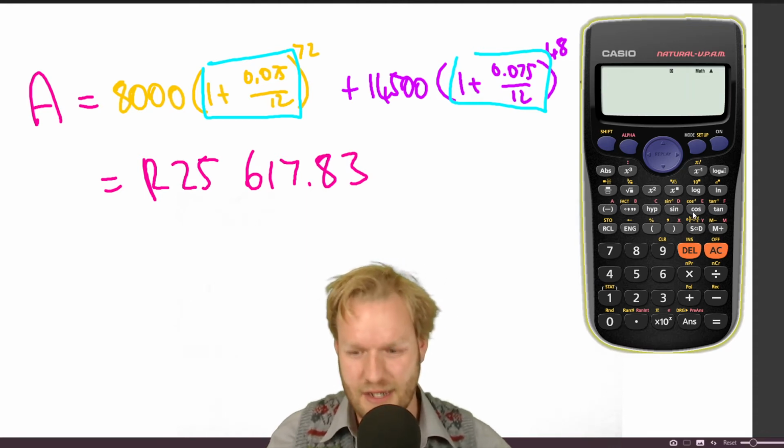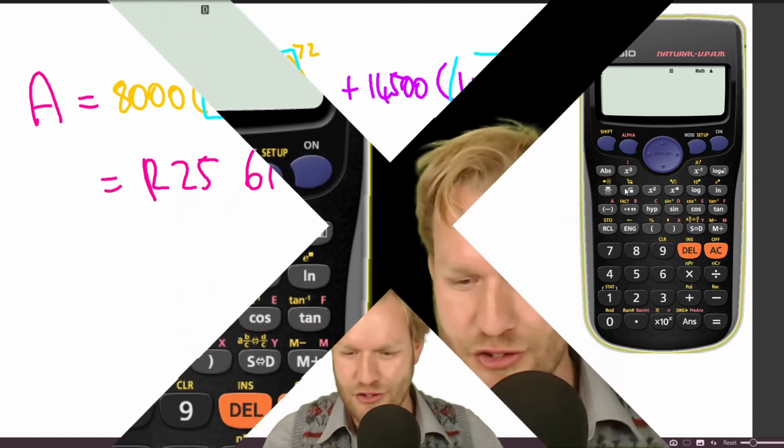So here's a nice calculator trick for you. Let's actually go into the calculator like that. Now you can see it a bit better. So that part of our equation was 1 plus 0,075 over 12. And we kept typing that in again and again.